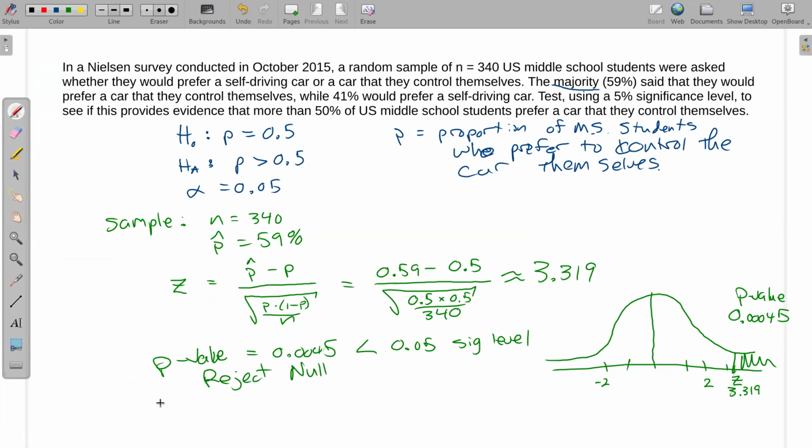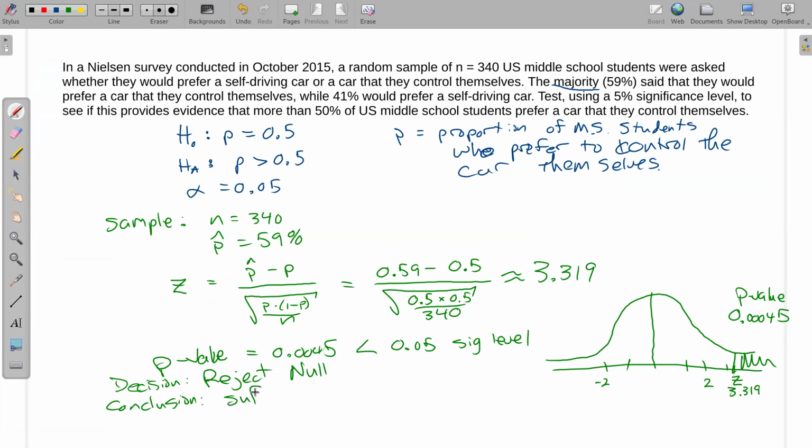So that's the decision, and the conclusion is where we write a sentence or so that supports the alternative.